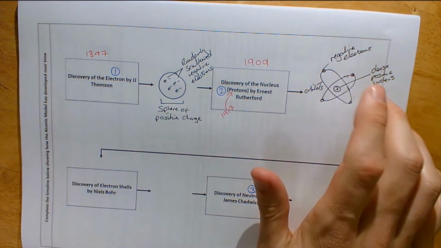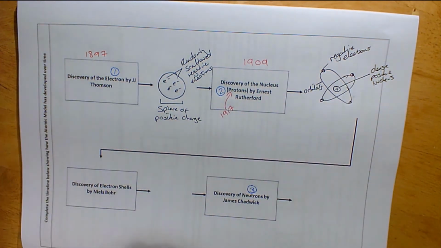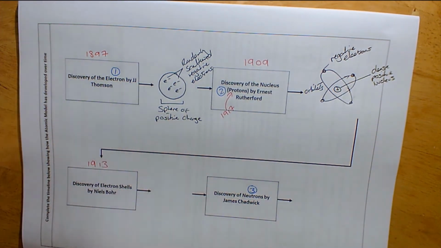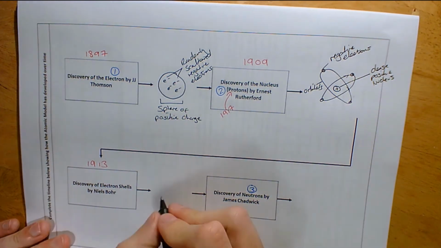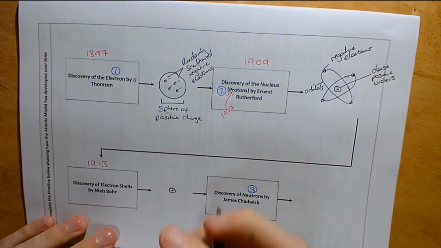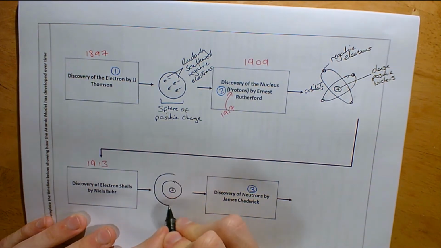So between the development of the nuclear model and the discovery of the proton, Niels Bohr in 1913 had discovered that the electrons weren't just in random orbitals around the nucleus, they actually occupied different energy levels. And the higher the energy level, the further away they existed from the nucleus. So we've moved on to a slightly different model. We still have our positive nucleus, but our electrons now, rather than being in random orbitals, are now in what we call shells.